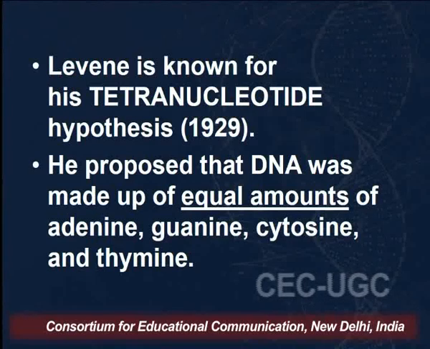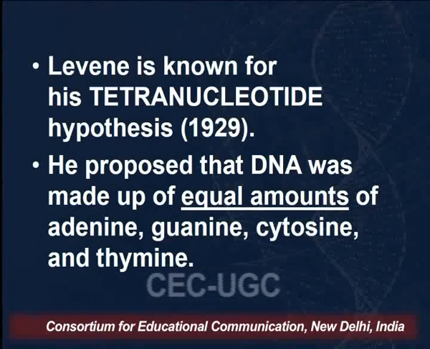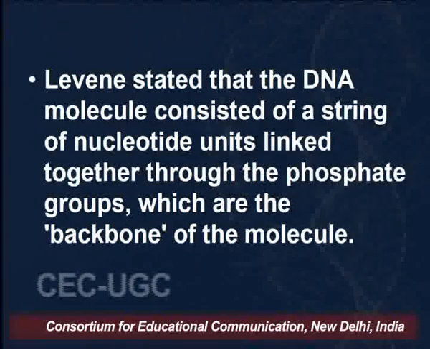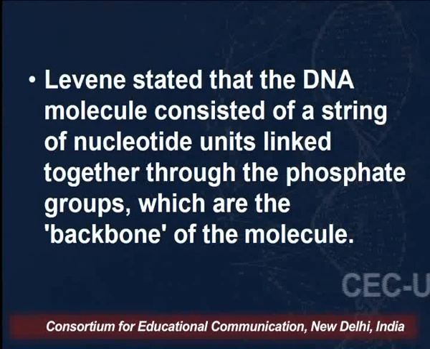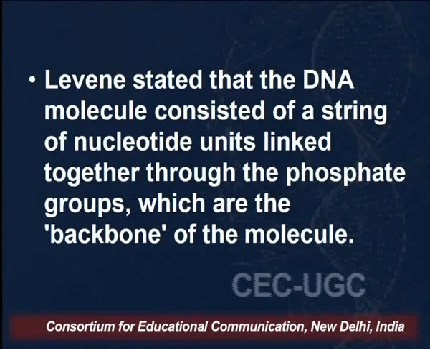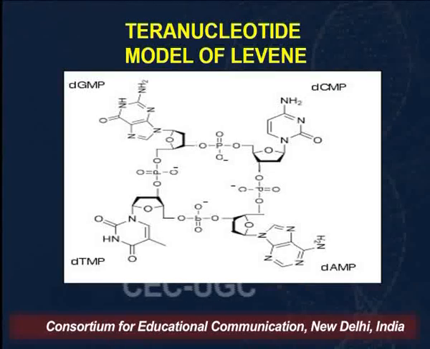Levene is also known for his tetranucleotide hypothesis, which he gave in 1929. He proposed that DNA was made up of equal amounts of adenine, guanine, cytosine, and thymine. Levene stated, and I quote, that the DNA molecule consisted of a string of nucleotide units linked together through phosphate groups, which are the backbone of the molecule.